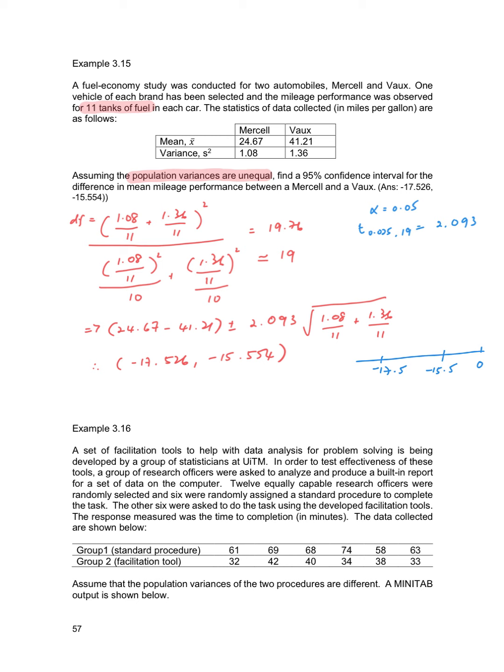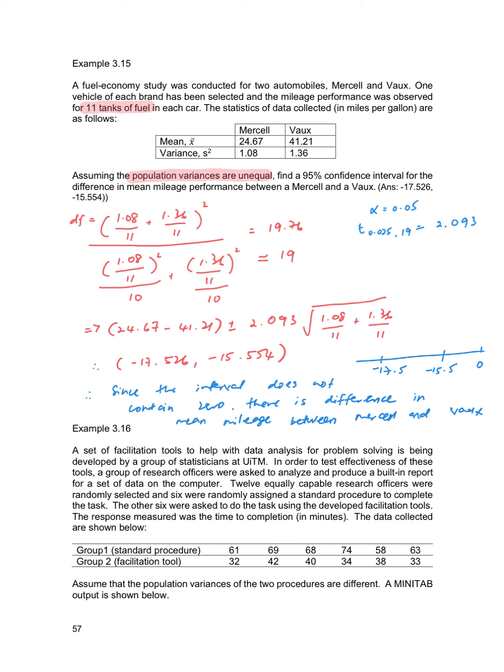So we can conclude that since the interval does not contain 0, there is a difference in mean mileage between Mersenne and Vogt.